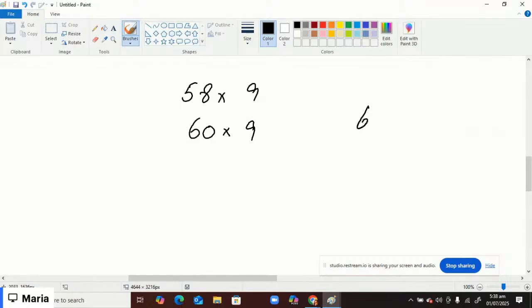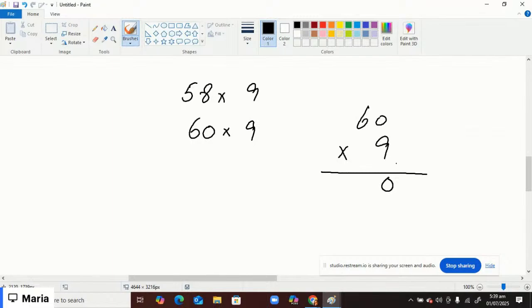So 60 times 9. 9 times 0 is 0. 9 times 6 is, what is the answer of 9 times 6? Everyone tell me in the chat. Yes, it can be rounded up.